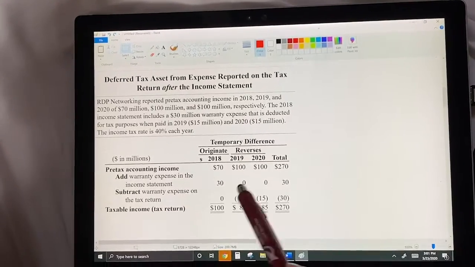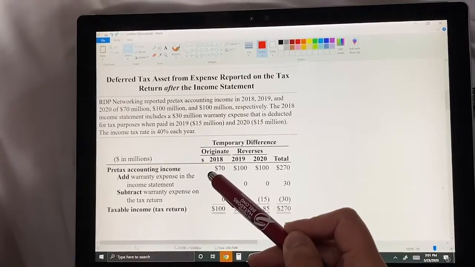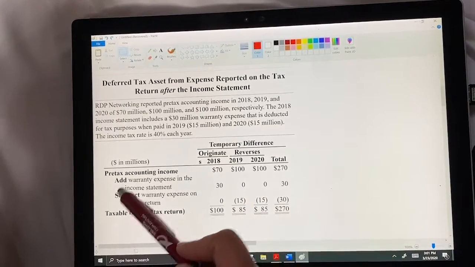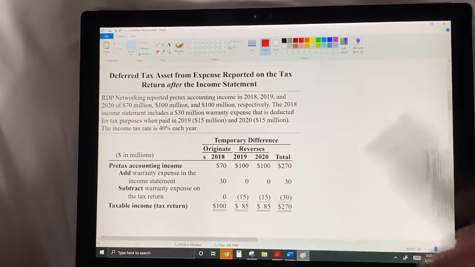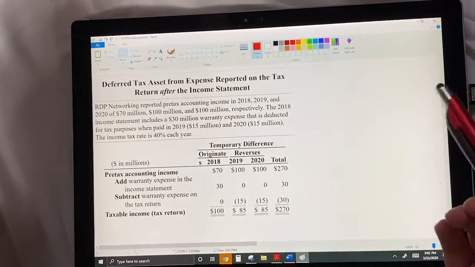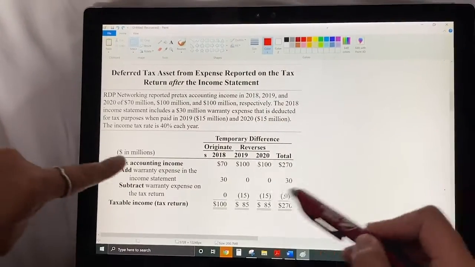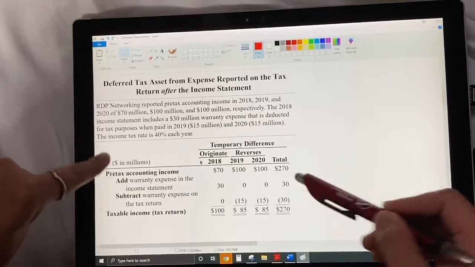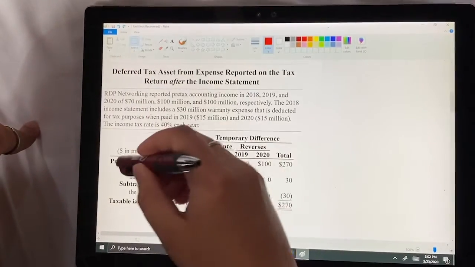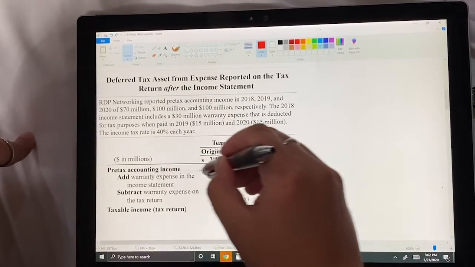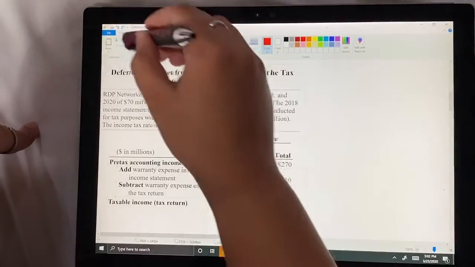So once you have that, the biggest thing is looking at the first year and seeing whether or not pre-tax accounting income is greater than taxable income, and then that's how you go on doing your journal entry. I'm just going to remove this portion since the math's already been done, so it's clearer and easier to see.